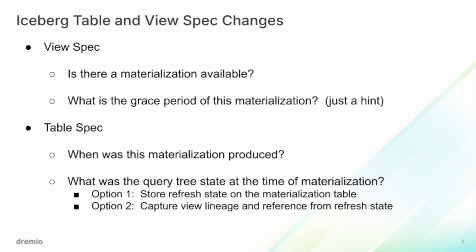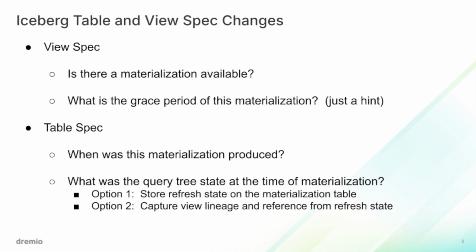Now, what's interesting though is that the time that the grace period starts kind of depends on what the sources inside this materialization are, right? So for example, if this materialized view is based strictly on Iceberg tables, then you know when data has changed, because the snapshot ID has changed, right? So the grace period could be based on when you first detected a data change, and from then on, that's when the clock starts, right?